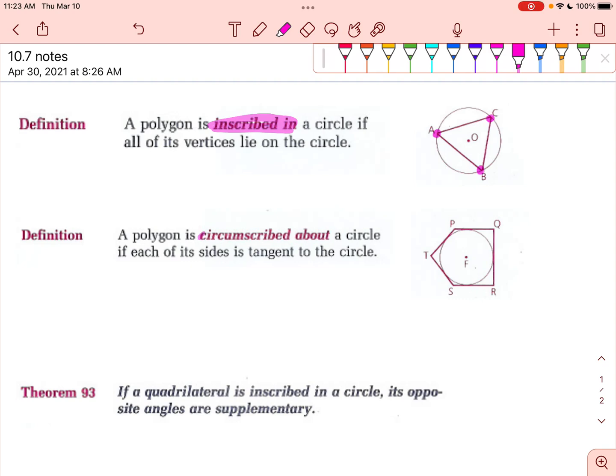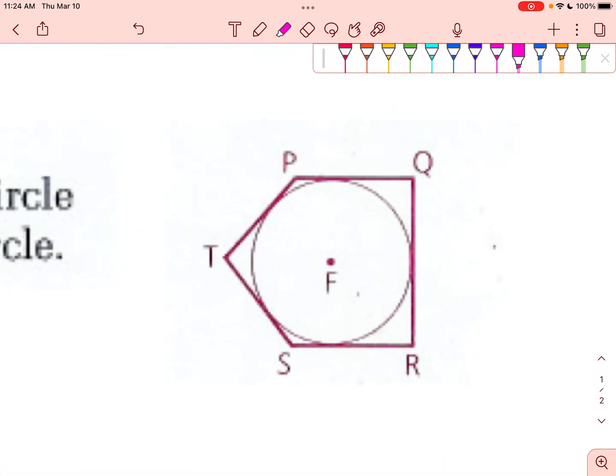If I was to tell you a polygon is circumscribed about the circle, that means that each of its sides are tangent to the circle. And what that does is it creates a bunch of tangent ice cream cone problems.